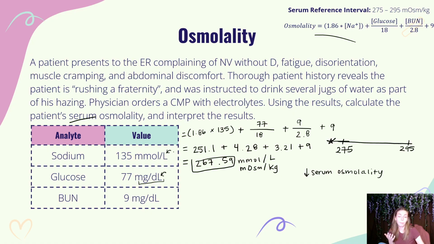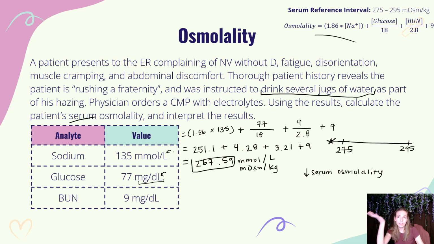Now, let's talk about why. So, this patient is rushing a fraternity, and he was instructed to drink several jugs of water as part of his hazing. This is based on a real story and a real case that I saw when I was working in the ER. Had to drink several jugs of water. The more water that he drank, the more that water diluted out the stuff that was in his blood, right?